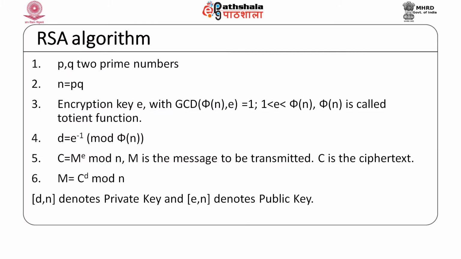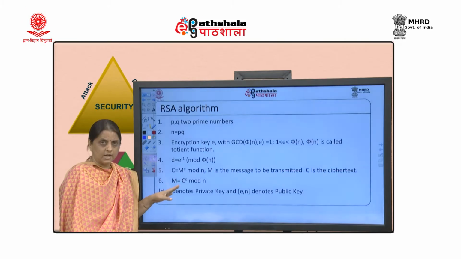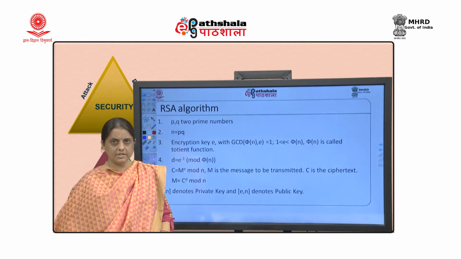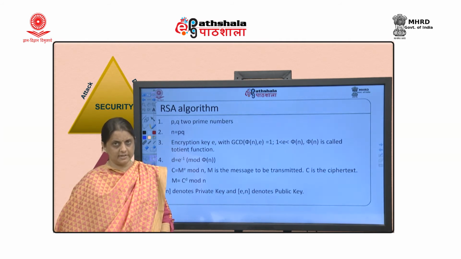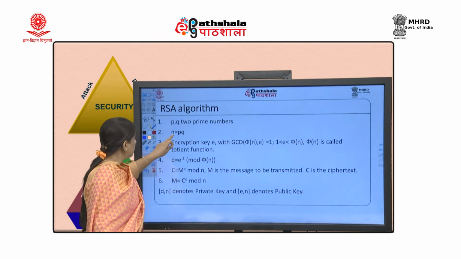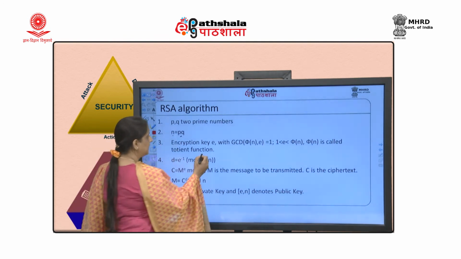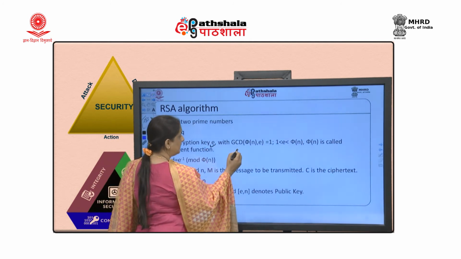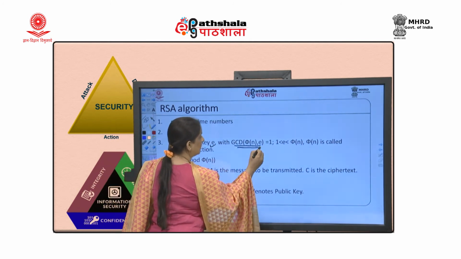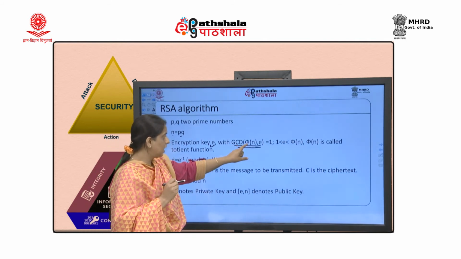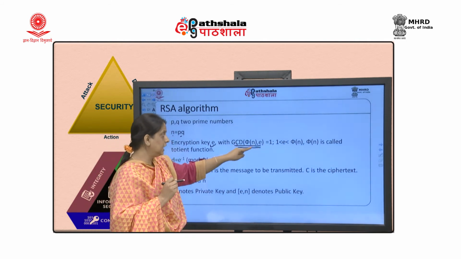Take two prime numbers P and Q. Prime numbers are numbers that have only two divisors, 1 and the number itself. Then you compute n, which is nothing but P into Q. Find an encryption key E. What is the additional criterion? The additional criterion is that GCD of phi n and E should be 1.